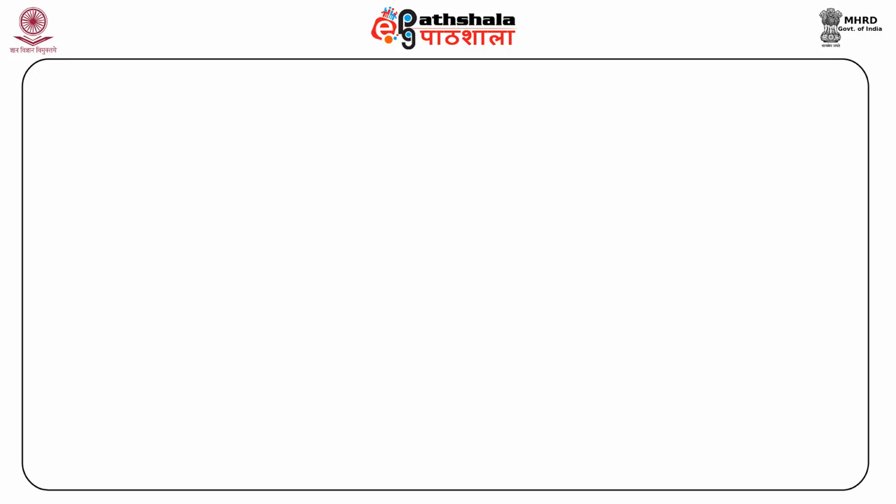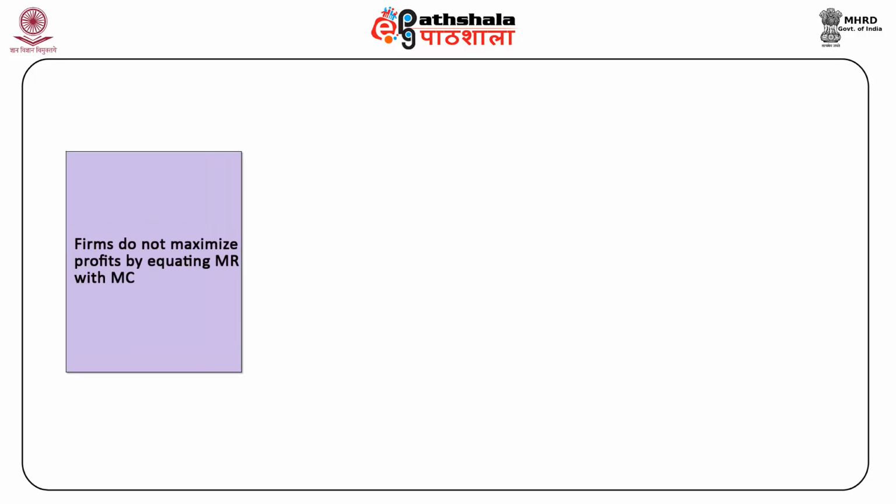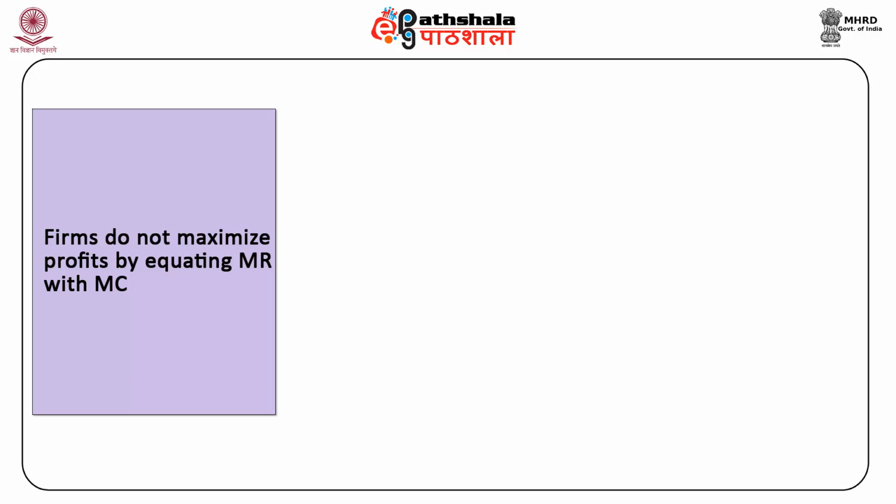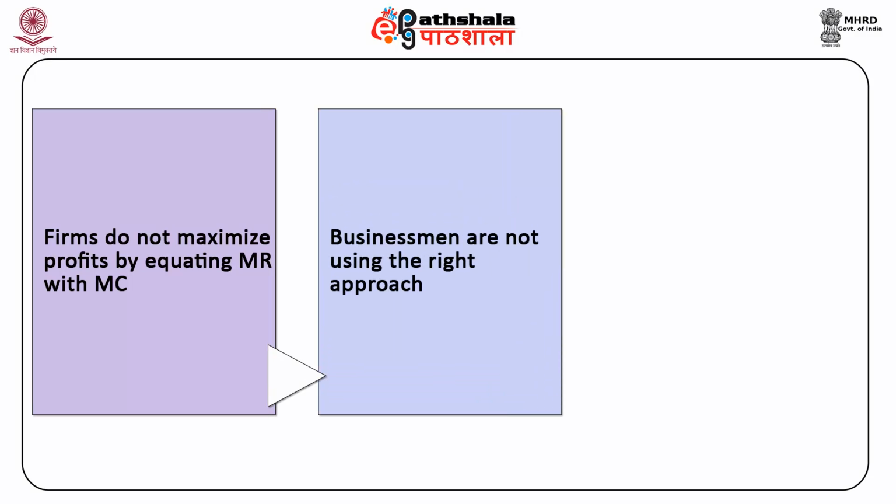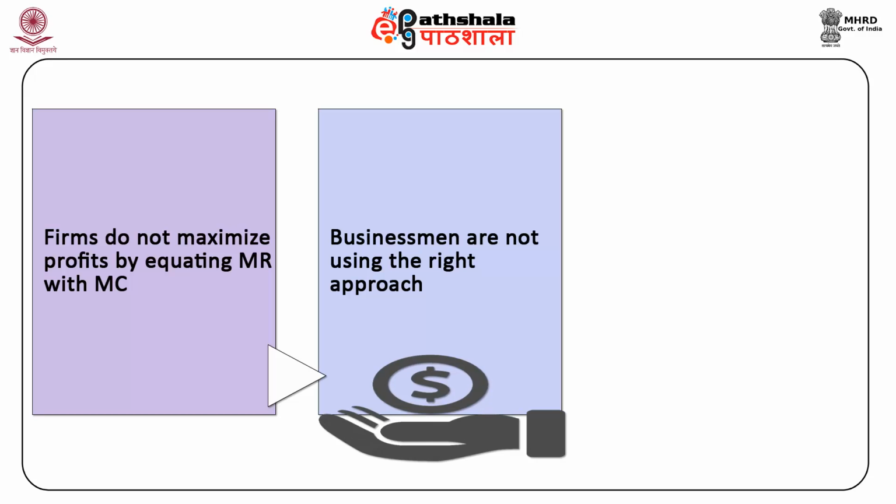It is clear from the quotation that firms, while fixing prices, do not maximize profits by equating marginal revenue with marginal cost. According to them, businessmen are not using the right approach of profit maximization for product pricing.